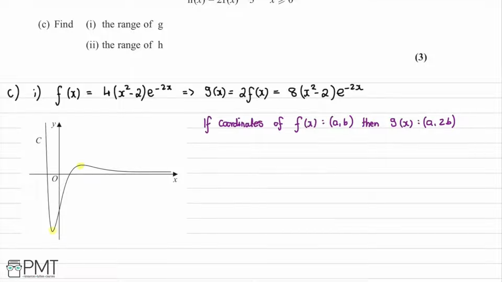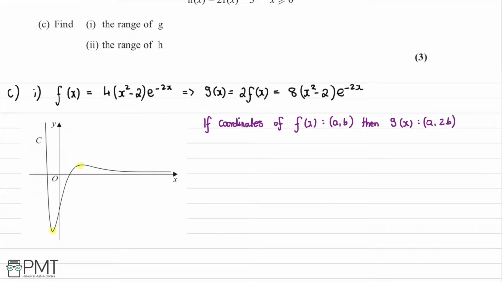So therefore, we can use this to help us. We can see here on the graph that the lower limit of the range of g of x is going to occur here, because this is the low point of the function. We know that's the minimum stationary point. We had 2 stationary points, and they had x coordinates 2 and negative 1. So we know this is going to be the one with the x coordinate negative 1.